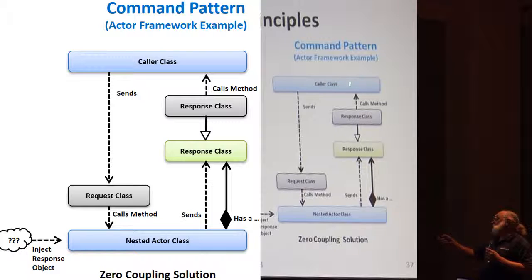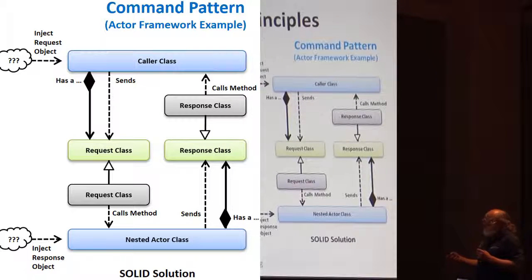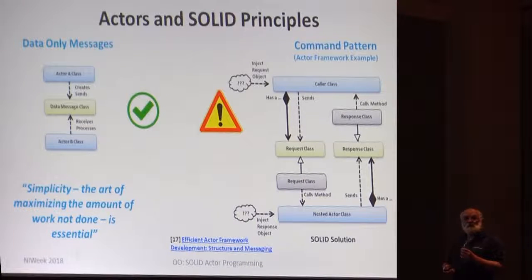But this is what you have to do to decouple the nested shutter from the central scanner. And what the dependency inversion principle says is that high-level modules and low-level modules should not depend on each other. They should depend on their abstract interfaces. So to be SOLID compliant, you need to do it the other way, and then inject the concrete message into the caller, which is a lot of plumbing.